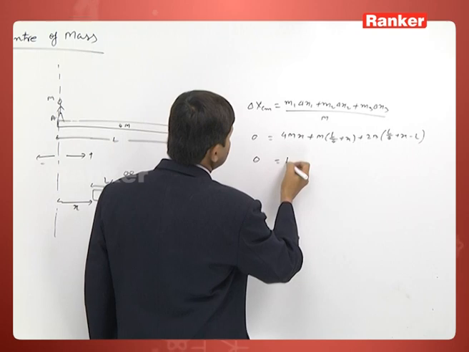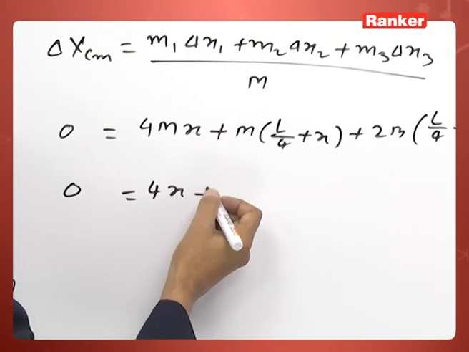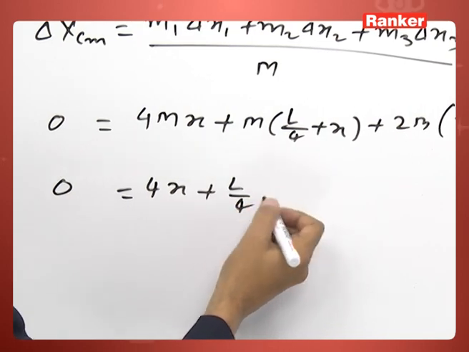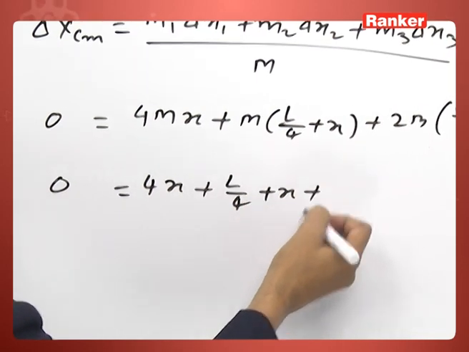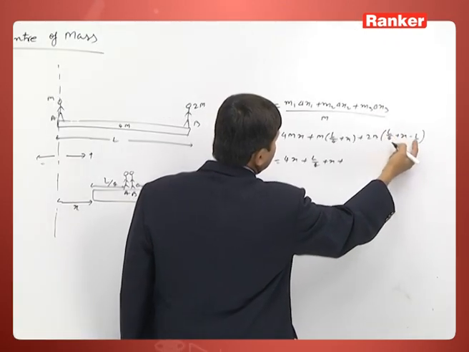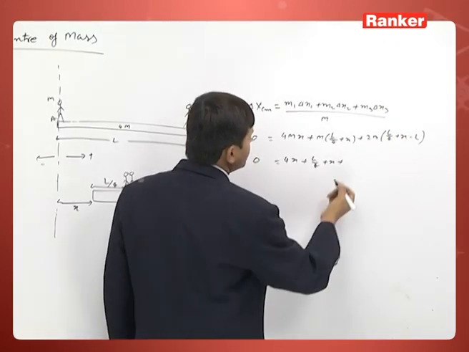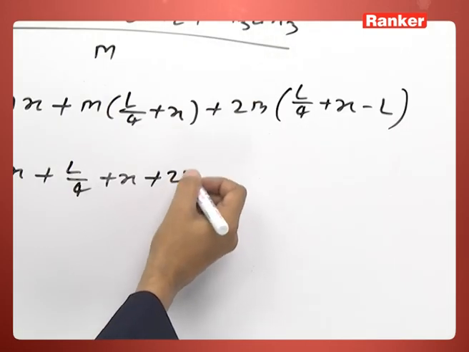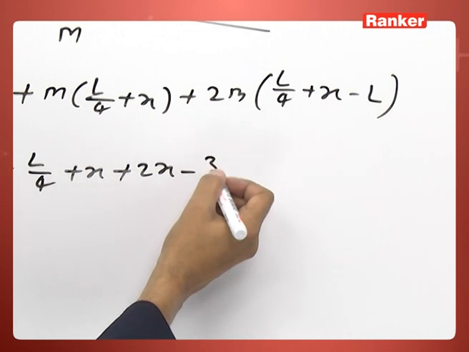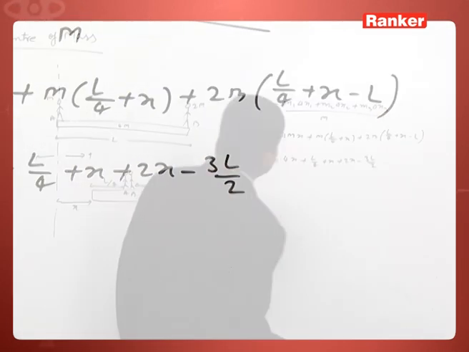To simplify, 4x plus L by 4 plus x plus L by 4 minus L, the minus 3L by 4, 2x minus 3L by 4, 3L by 2.